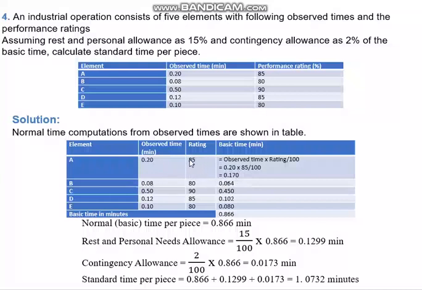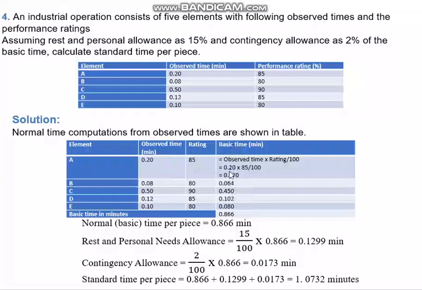That means if he worked with the standard speed, he should have finished in 0.17 minutes itself, but because he is slow, he took 0.2 minutes, a little more than the standard value. Like that, the second is taking 0.8 minutes, third is taking 0.5 minutes, fourth is taking 0.12 minute, and fifth is taking 0.1 minute. All these depend upon the rating.